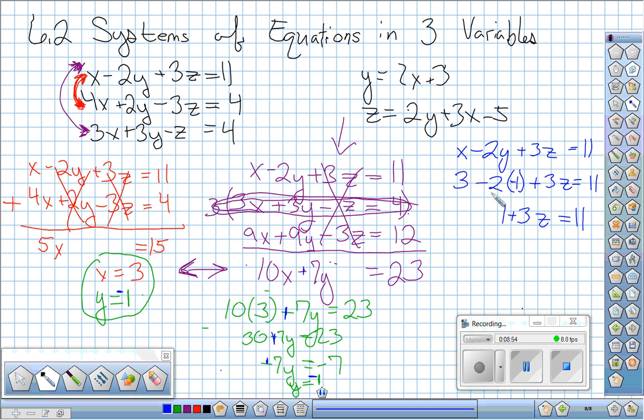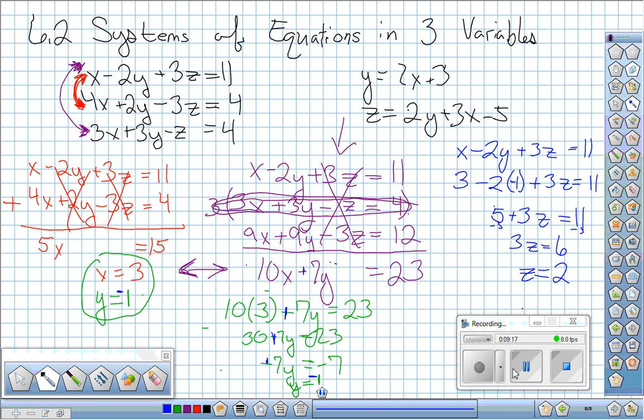Then it'll be 3 plus 2, which is 5. Then I'll subtract 5 from both sides, and I'll get 3z equals 6. When I divide both sides by 3, I will get z equals 2.